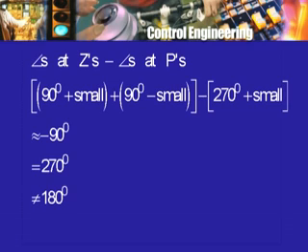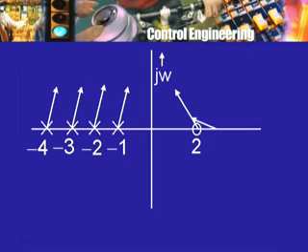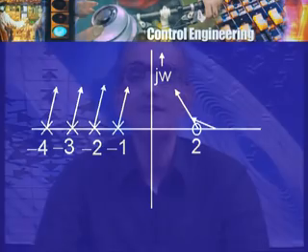So, in other words, there will not be any intersection with the j omega axis for a sufficiently large value of omega. This is a conclusion I can draw by looking at the angle condition and considering the limit as omega tends to infinity, or as omega becomes very large. For the origin, the calculation was very simple, and we found that the origin was a point on the root locus. The problem is: is there any other point on the root locus on the j omega axis?